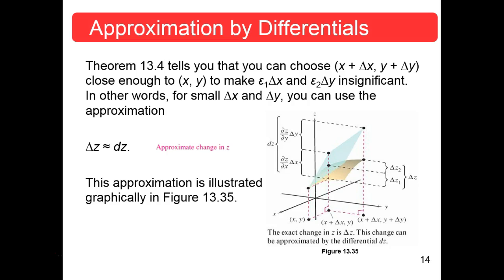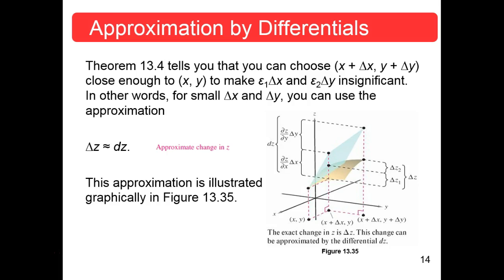In other words, for a small delta x, delta y, you can use an approximation that your delta z is going to be approximately the same as your dz. And that approximation is illustrated here. I don't know how well it's illustrated, but let's see what we can do.